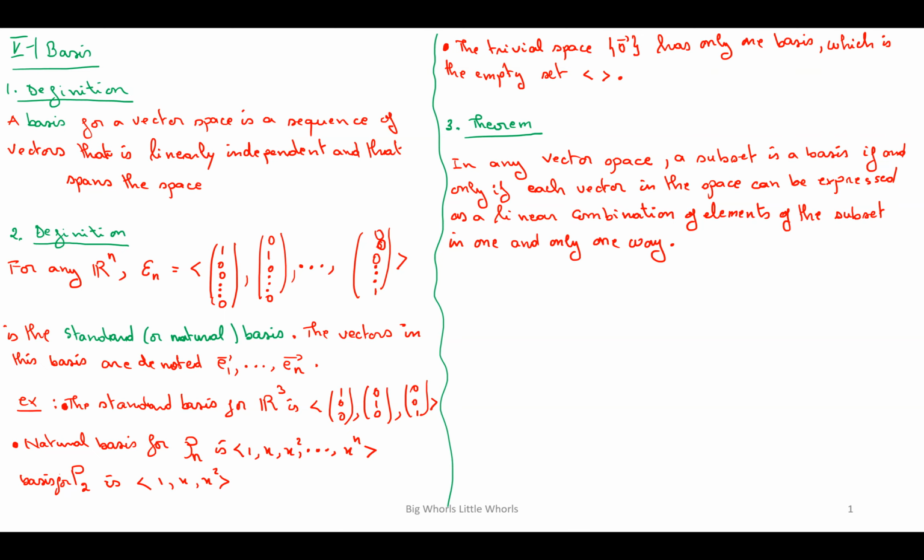So if we pick any element from the space, there is only one set of c's, c1, c2, c3, up to cn, that we can use to express the element of the space in terms of the elements of the basis. So we can write the element of the space as a linear combination of the elements of the basis in one and only one way.